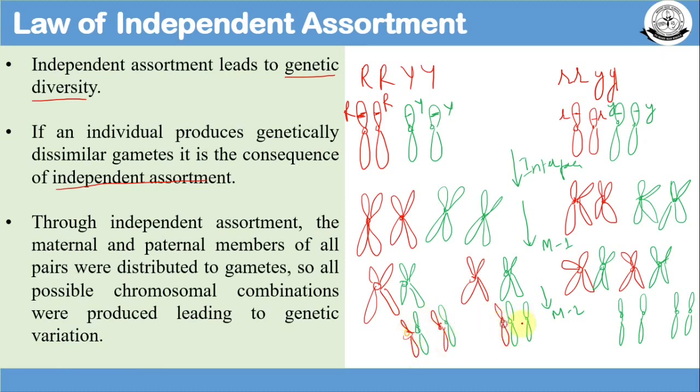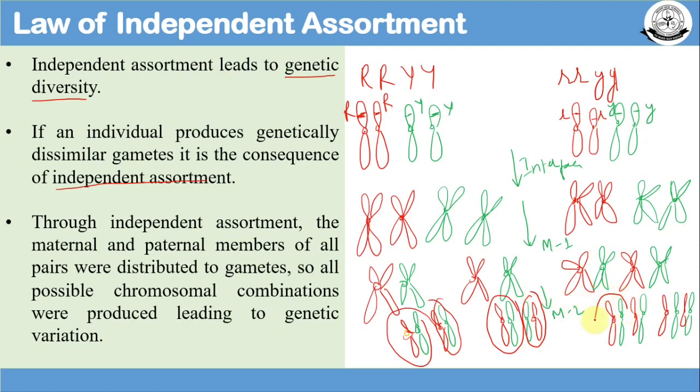then a chromatid here, and a chromatid here. Similarly here, and here also. Right. So this will be the first gamete, second gamete, third gamete, and fourth gamete.